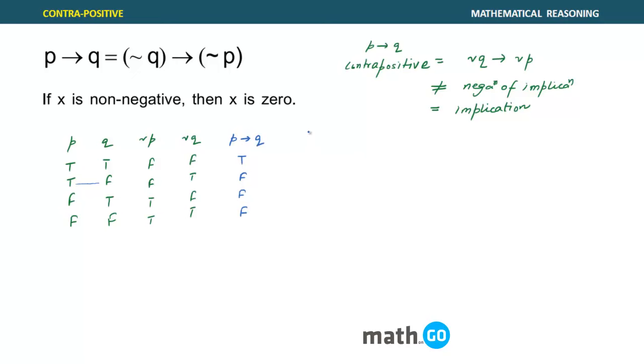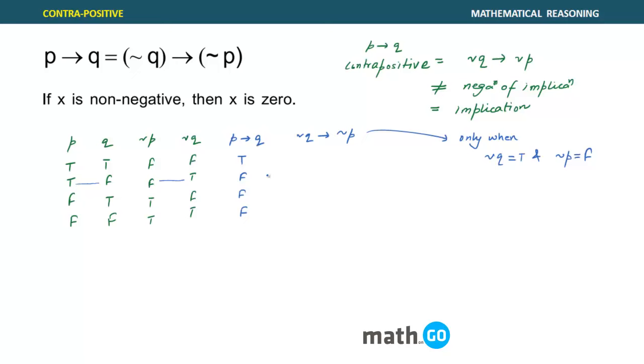Now we will check it for negation Q implication negation P. So this will also be false only when negation Q is true and negation P is false. Otherwise it will be true. So negation Q, I have written negation Q here. Negation Q is true here and see P is false.